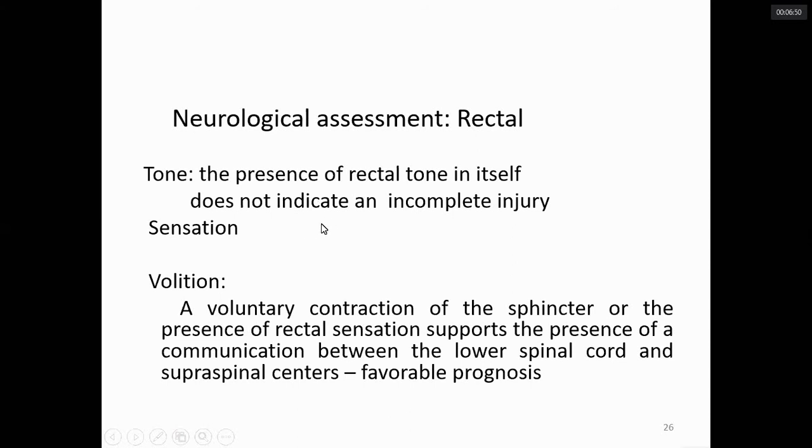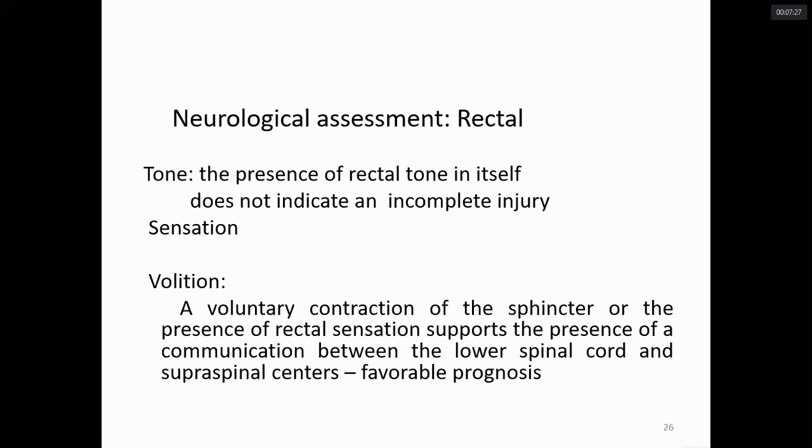Now, another is the rectal examination, because in a rectal examination you should see the tone and sensation, the tone of the rectal sphincter. The presence of rectal tone in itself does not indicate an incomplete injury. How do you check whether the patient is in spinal shock or not? You keep one finger in the anal canal, that is, you do PR, and then with the other hand you pull the catheter.